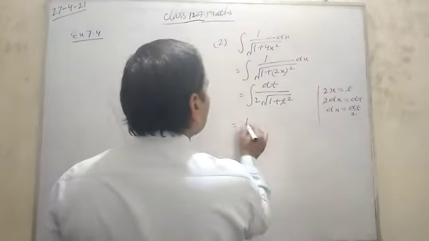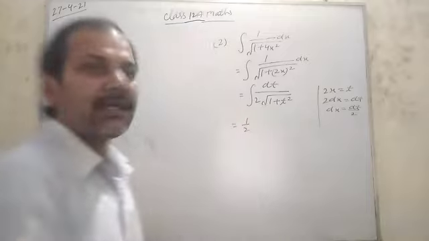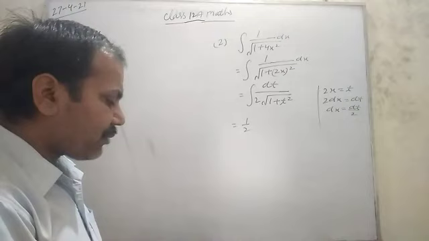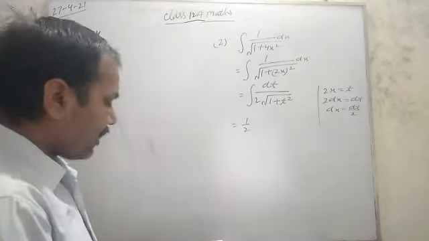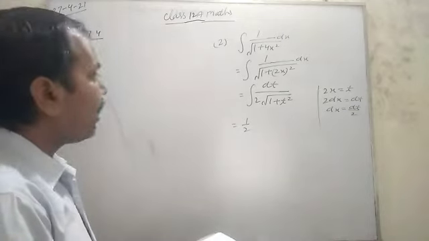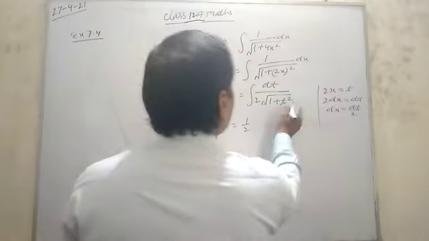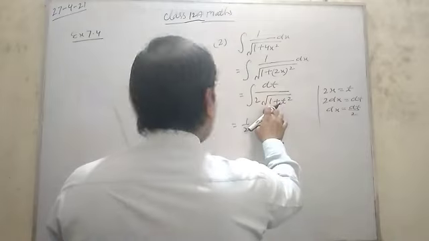So 1 upon 2 is a constant, so that will be out. Then apply the formula. Which formula? 1 upon under root x square plus a square, which is log mod x plus under root x square plus a square.